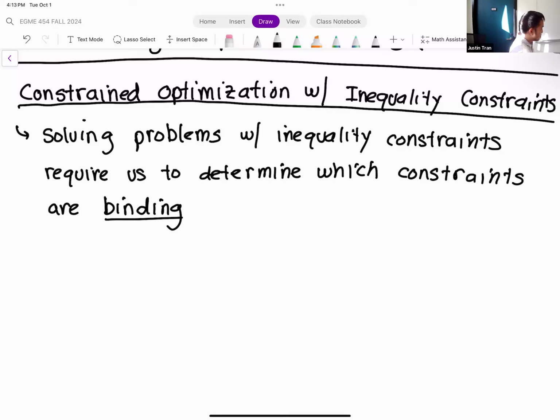Because remember, an inequality constraint has the following form. I'm going to put it in standard form for you.